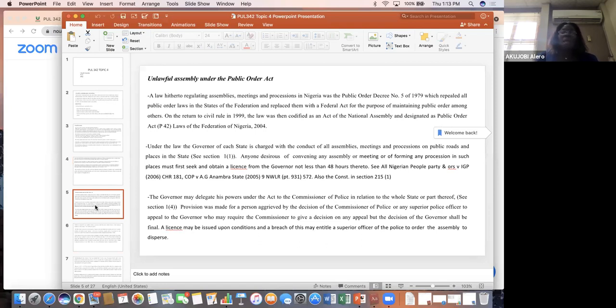So regarding unlawful assembly under the Public Order Act, remember I told you earlier that there's a Public Order Act that prescribes for unlawful assembly, but which with time has been declared null and void to the extent of its inconsistency with the provisions of the Constitution.